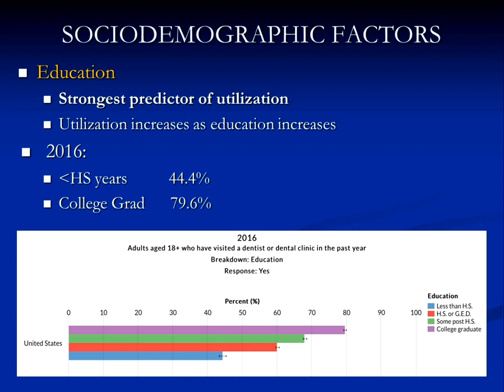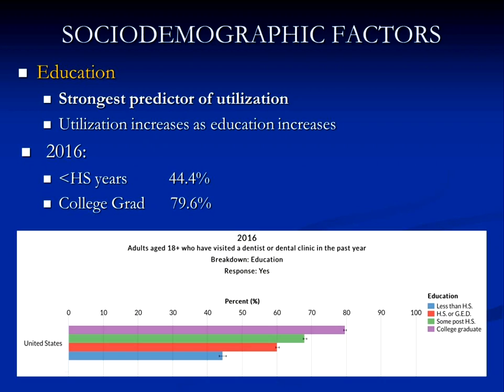And the reason that socioeconomic status is the runner-up is that SES has a component of education in it along with income. So they kind of combine those two variables when they're talking about socioeconomic status.